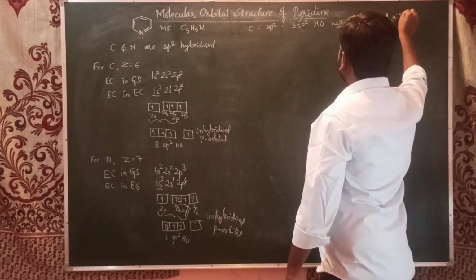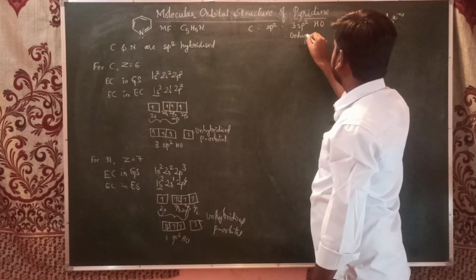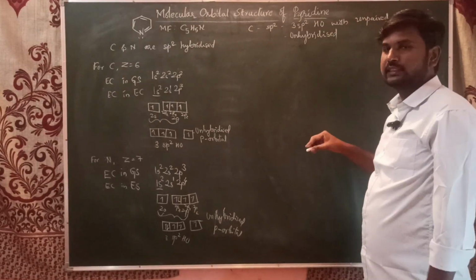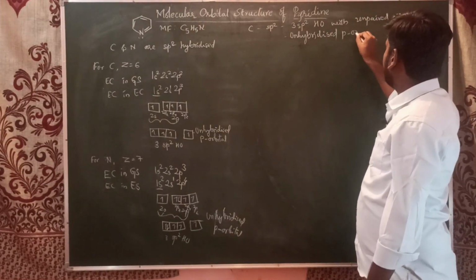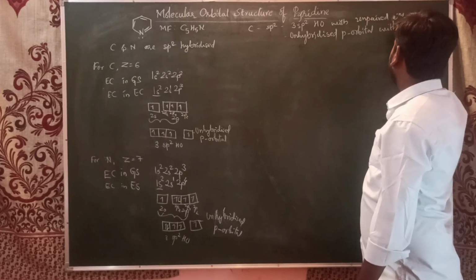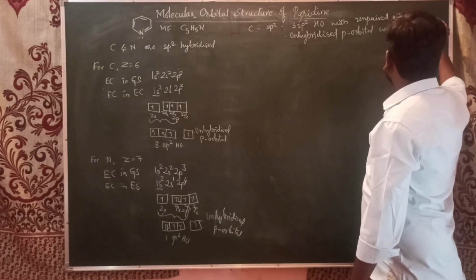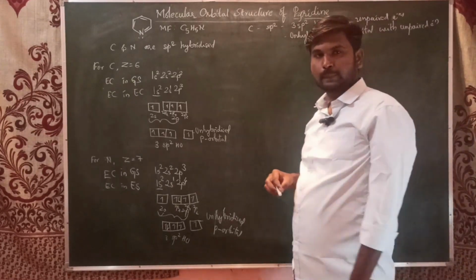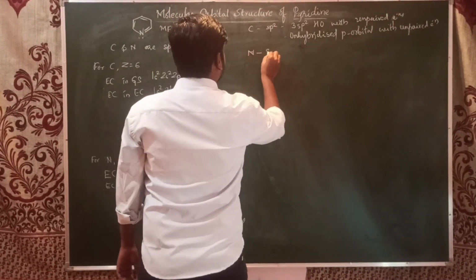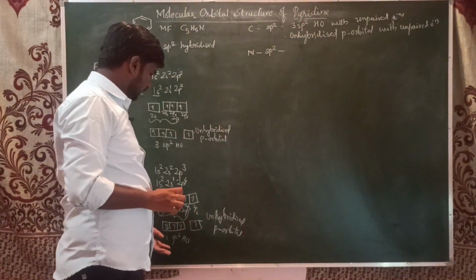There is one unhybridized p orbital, which is also with an unpaired electron. And the nitrogen atom is also sp2 hybridized.